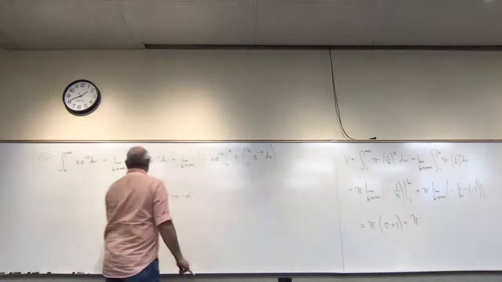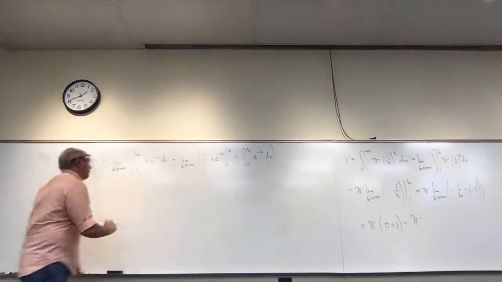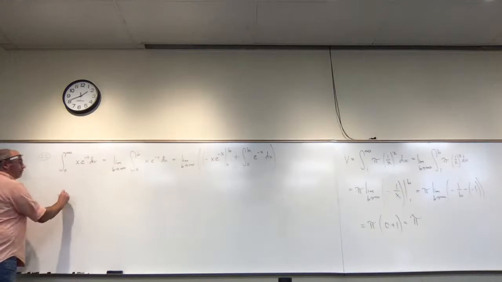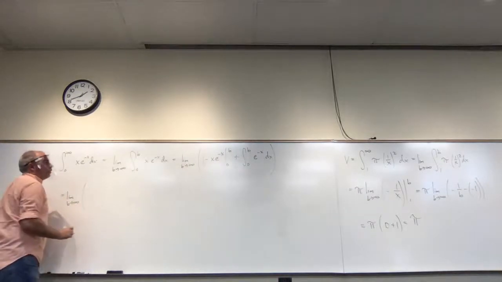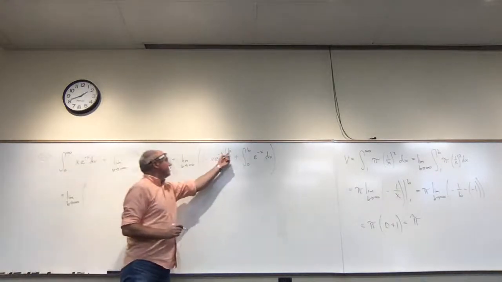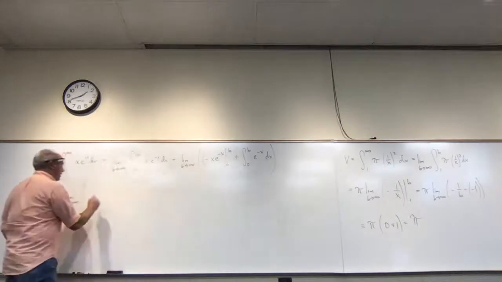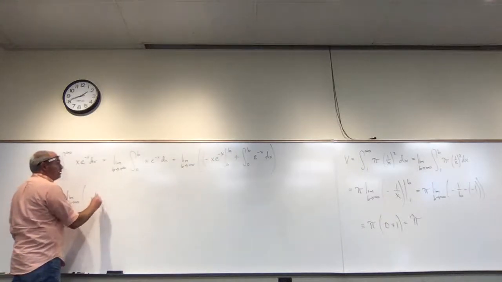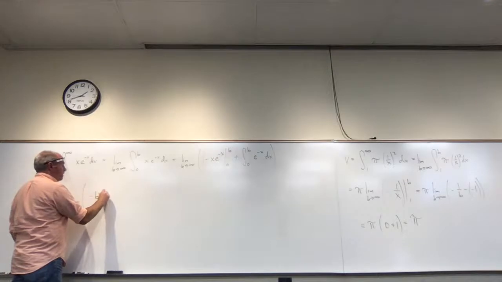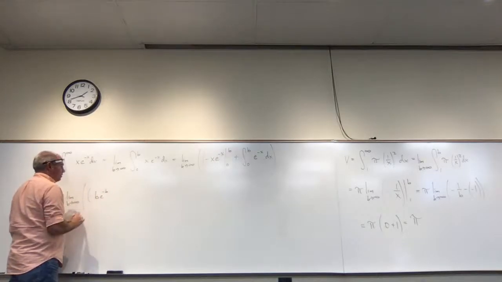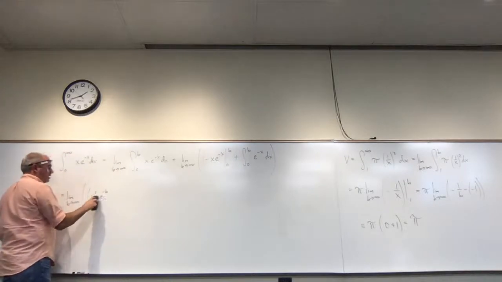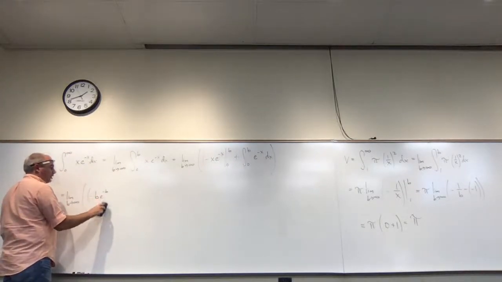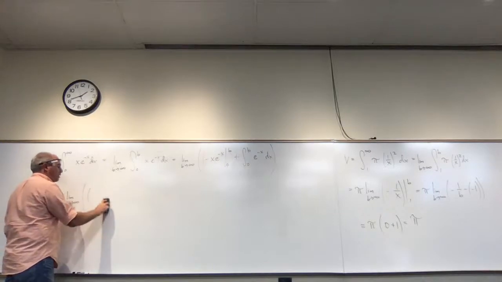Get this out of the way and come back over here. So now I have the limit as b goes to infinity of, if I want to, I can go ahead and plug these in. I can plug in b for x, and I get negative b e to the negative b. By the way, just for fun here, since it's e to the negative b, I think I'm going to put the e on the bottom, and it's going to help me in just a minute.